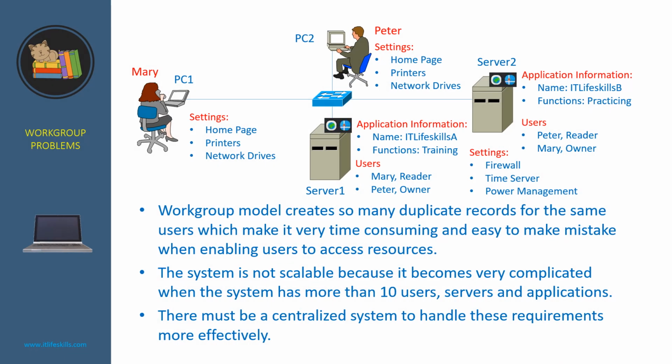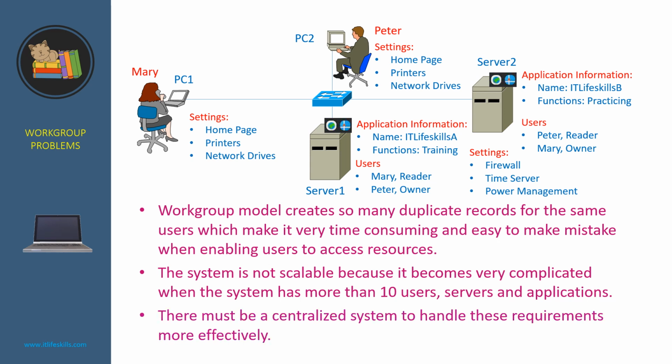Now we all agree that the workgroup model creates so many duplicate records for the same users, which makes it very time consuming and easy to make mistakes when enabling users to access resources. The system is not scalable because it becomes very complicated when the system has more than 10 users, servers, and applications.